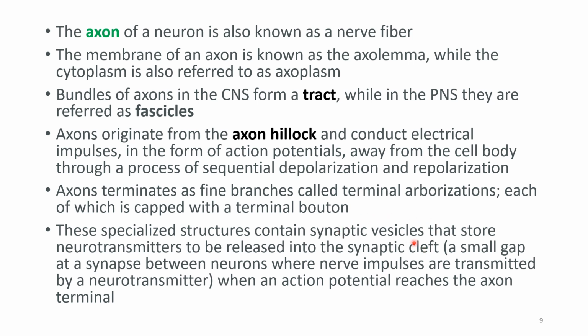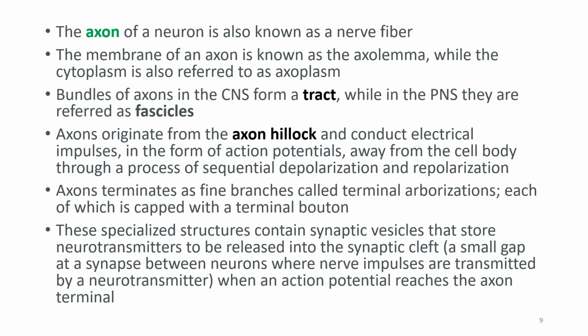These synaptic vesicles will store the neurotransmitter which is to be released into the synaptic cleft when the action potential reaches the axon terminal. So, what is this synaptic cleft? It is nothing but a small gap present between the two neurons.